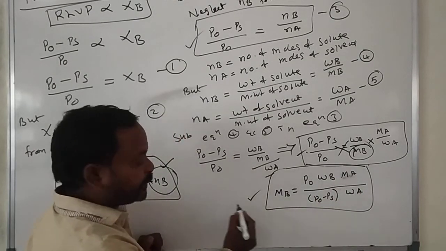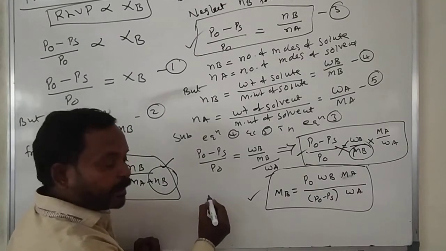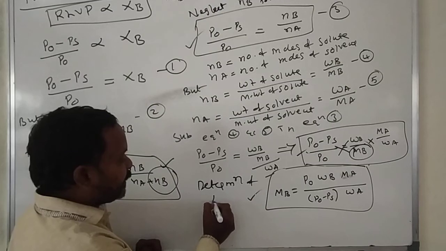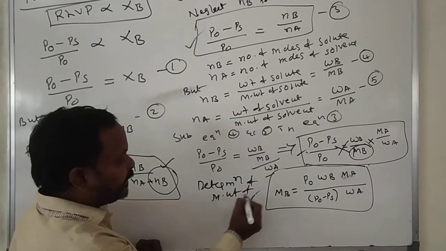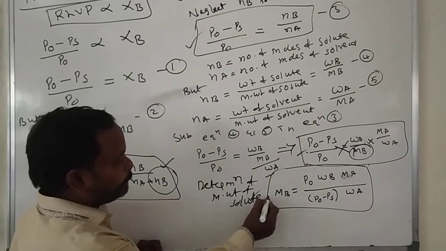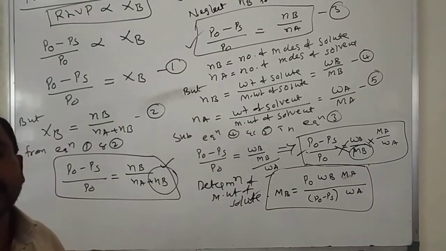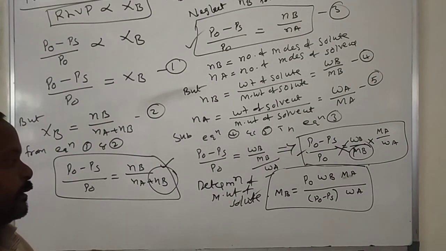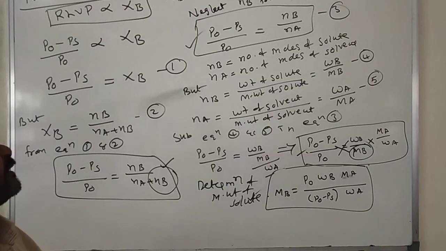This principle is used for the determination of molecular weight of solute, if you know the lowering of vapor pressure, or the vapor pressure of pure solvent and vapor pressure of solution. This is the important principle. This we call lowering of vapor pressure, and this is the Raoult principle.